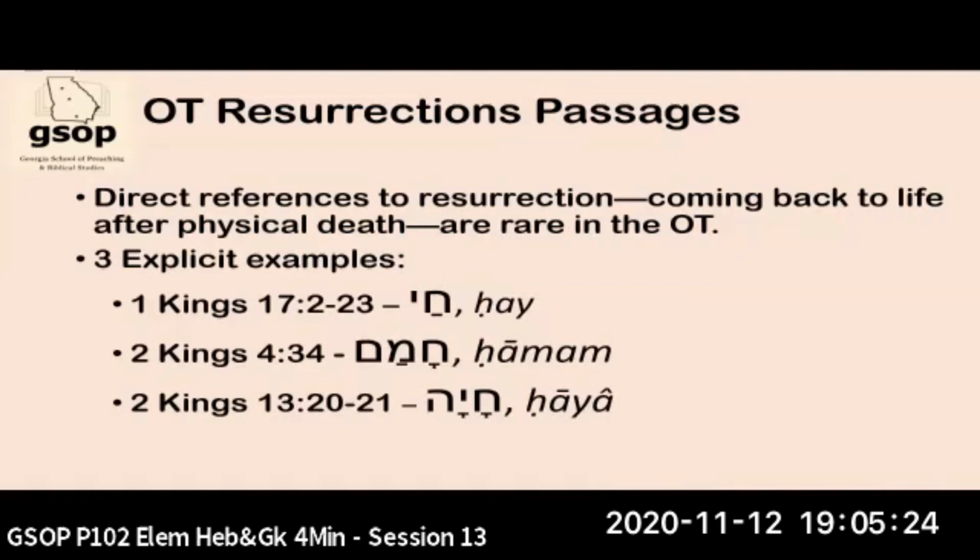So let's look at those in your Bibles. We'll look at it in English unless you brought your Hebrew Bible with you. If that's the case, then I'll let you read the Hebrew. The first one's 1 Kings 17.